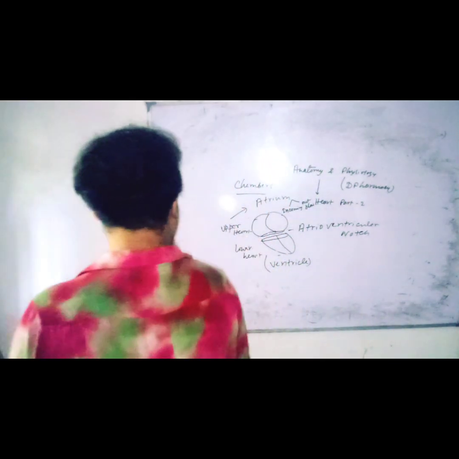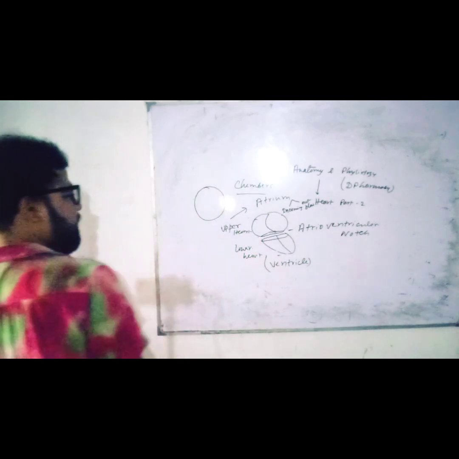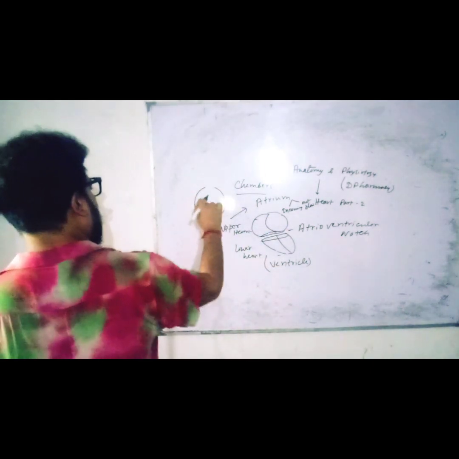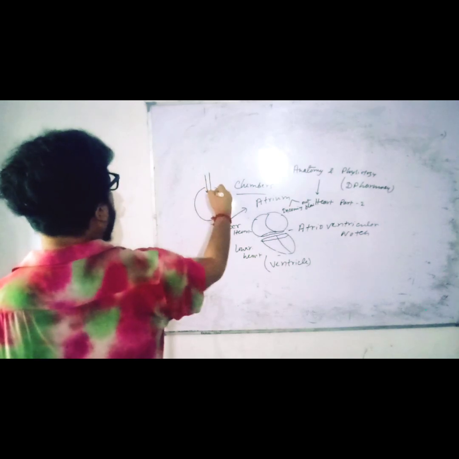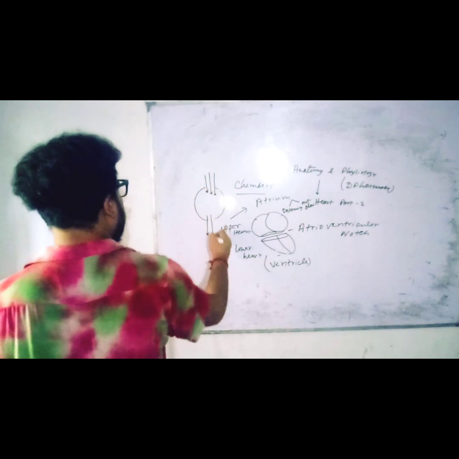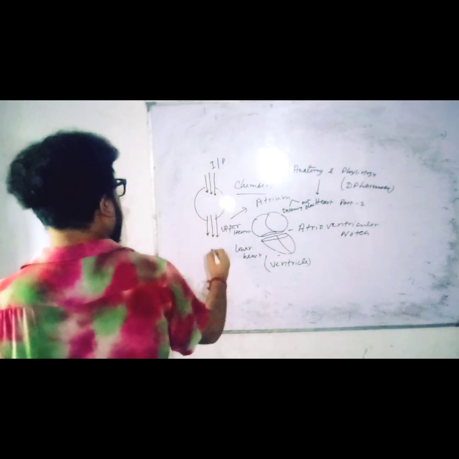Suppose this is the atrium. There are two functions: it will be receiving the blood and it will be removing the blood. So there is some input and there is some output.